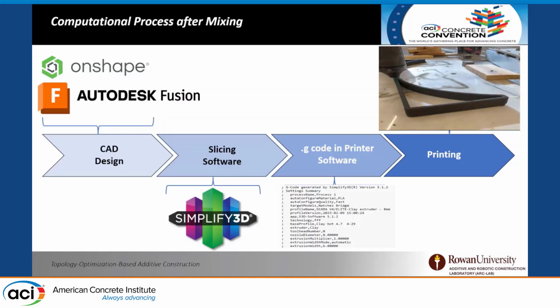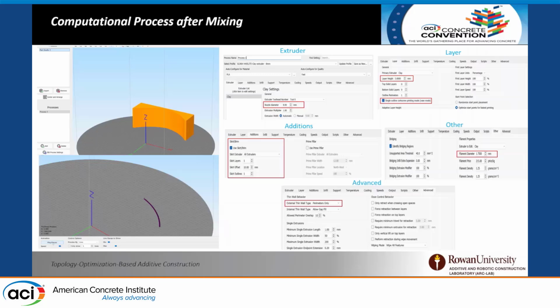And then finally, as you can see, you have your print. And this is the structure that I have shown in the previous slides that is being printed. And you can see that it is being printed face up, or front face up, I should say.